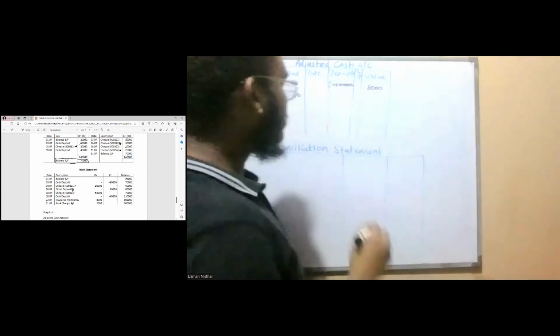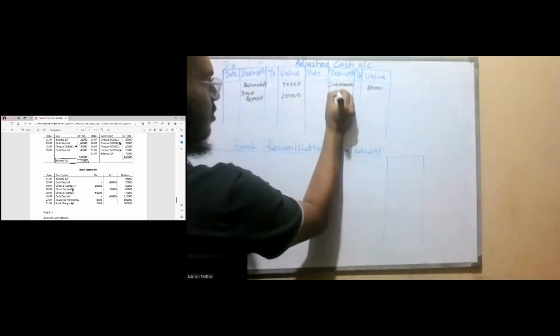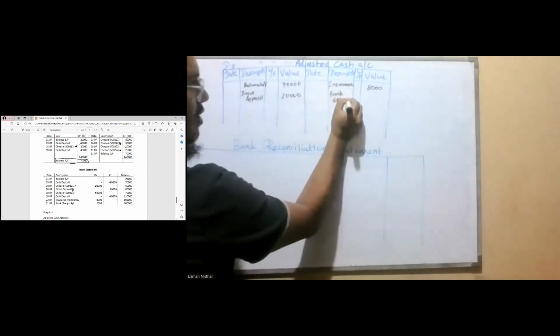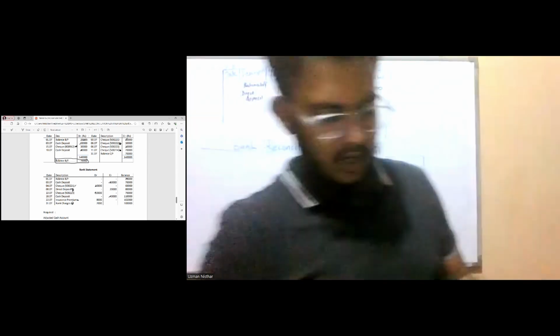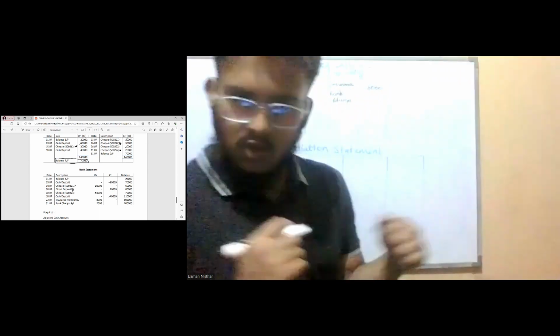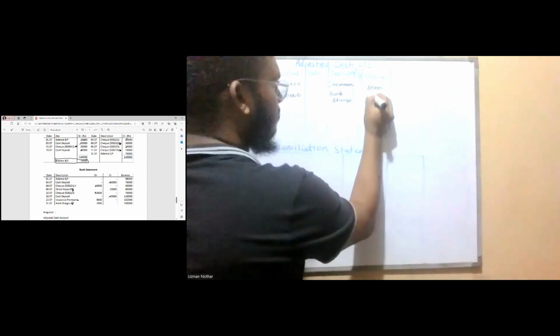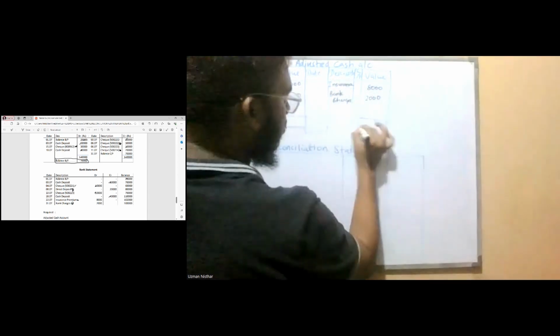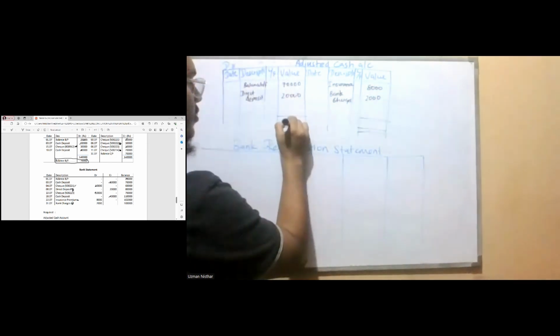And then we have bank charges, always on the credit side. So standing order payments and bank charges will always be on the credit side, because those are expenses, so they go on the credit side of the cash book. So it's 2,000. Okay, now let's balance. So here it's 90,000.